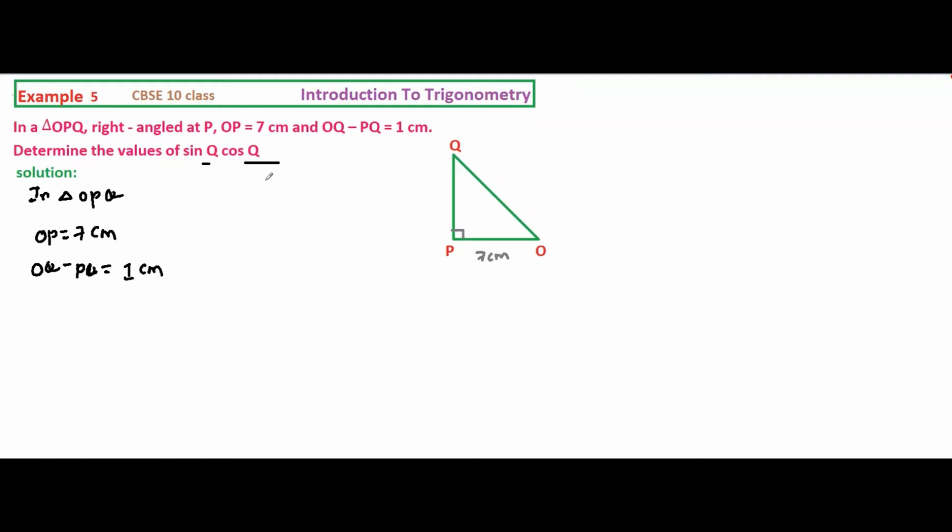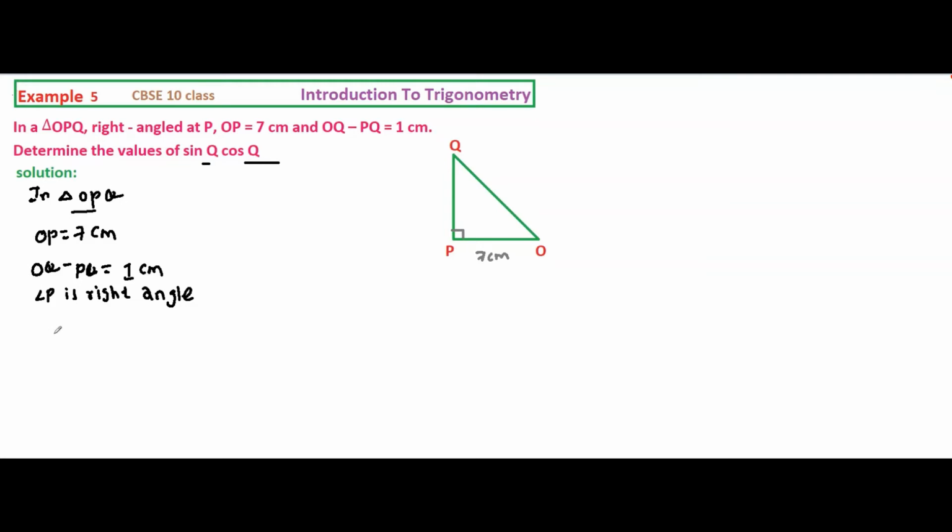Right, so now we know that P is a right angle. So we can say triangle OPQ is a right angle triangle.